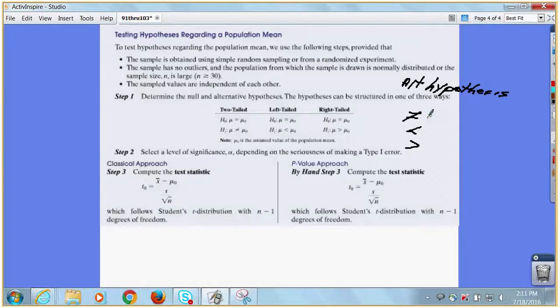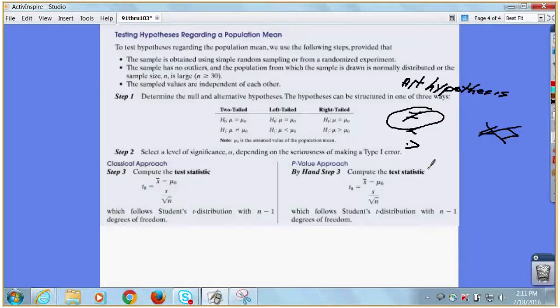If you have a greater than in your sentence or a more than in your sentence, then it's going to be this one right here. It's a right tail. If you have a less than or a be less than, then that'd be that one right there. If you don't have less than or greater than in your reading, when you're reading the problem, then most of the time, if it's not listed, it's going to be not equal to.